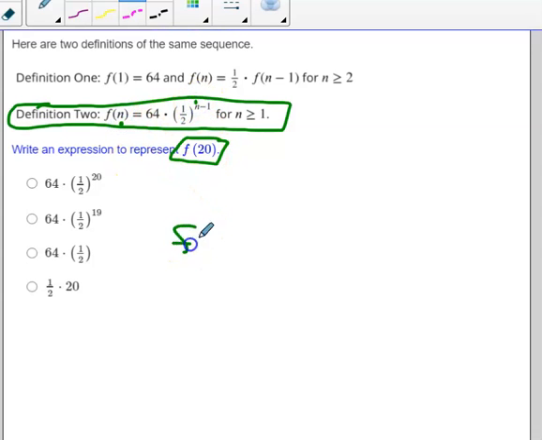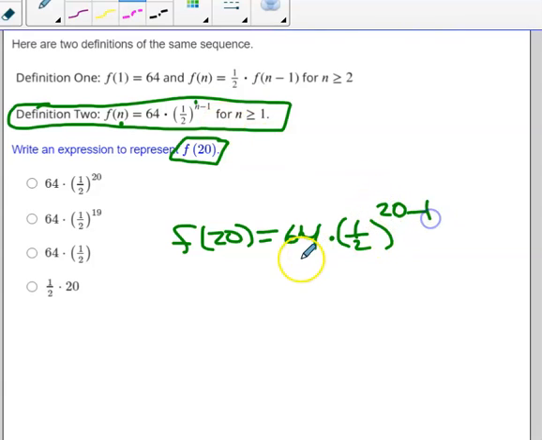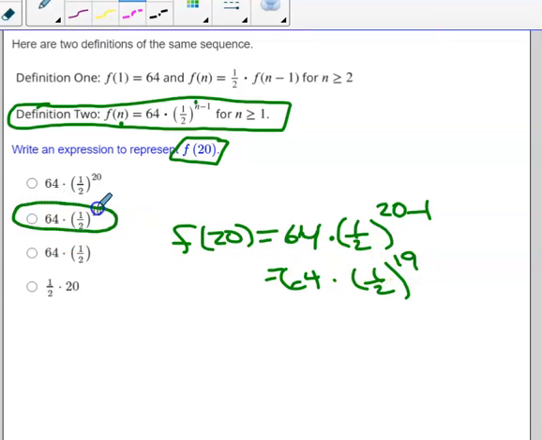So that would be f of 20 equals 64 times 1/2 to the power of n minus 1. N minus 1 is 20 minus 1. So it's 64 times 1/2 to the power of 19.